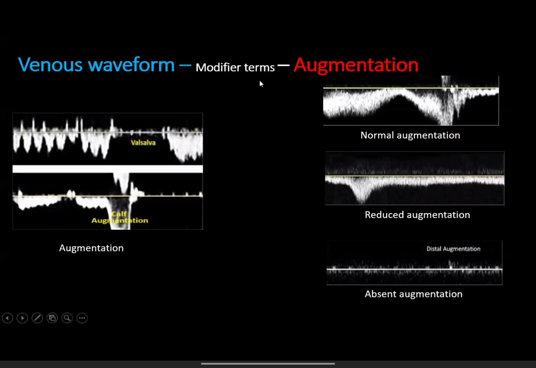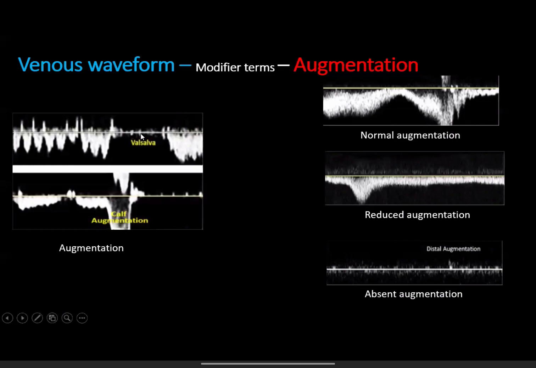Now, another modified term is augmentation. When we press a distal vascular channel or distal vein, we see a sudden increase in the blood flow. This is known as augmentation. Augmentation indicates that the distal or downstream channel is patent right from the area of compression to the site of insonation.